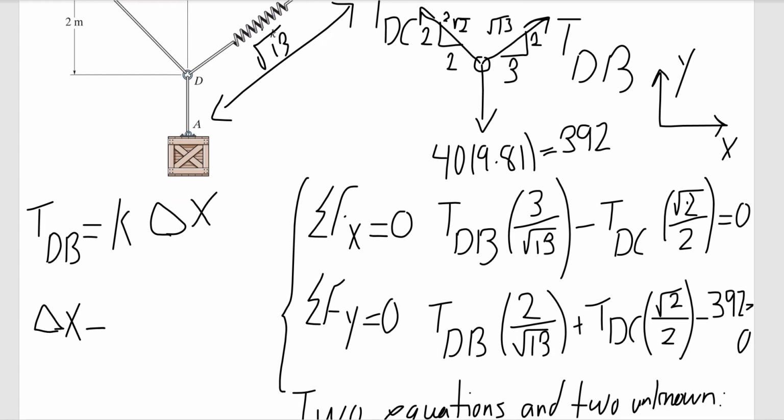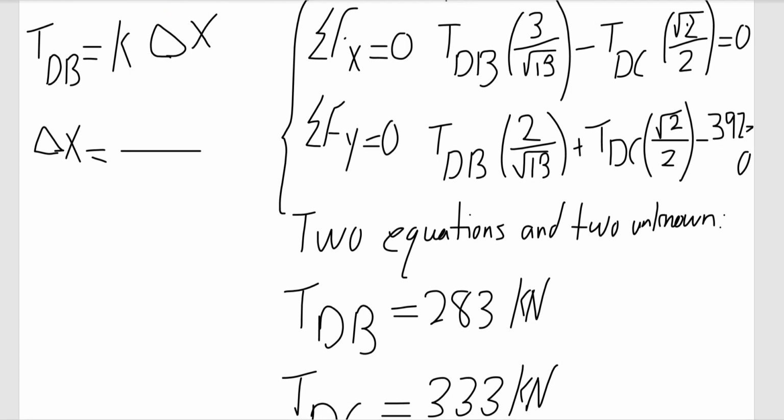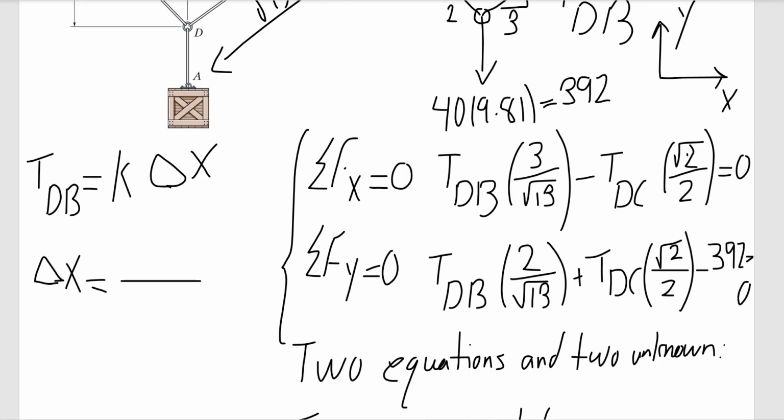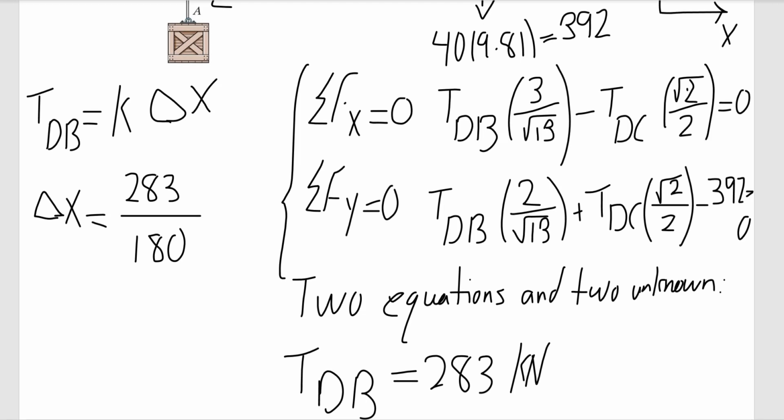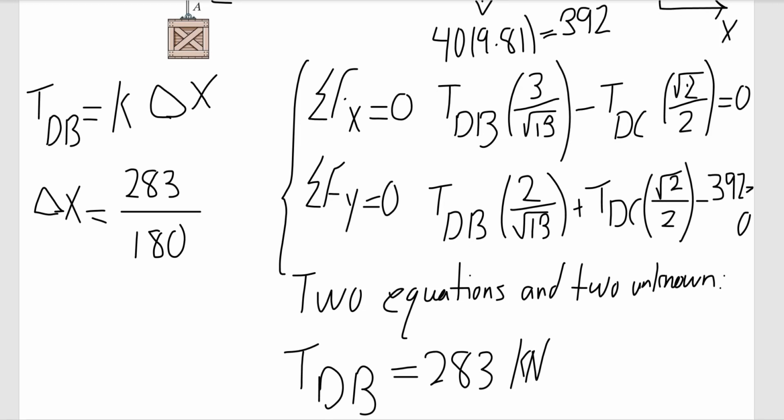So delta X would be TDB over K. What is the value of TDB that we found? It's 283. And what is the spring constant that we have? Is 180. So delta X would be 1.57 meter.